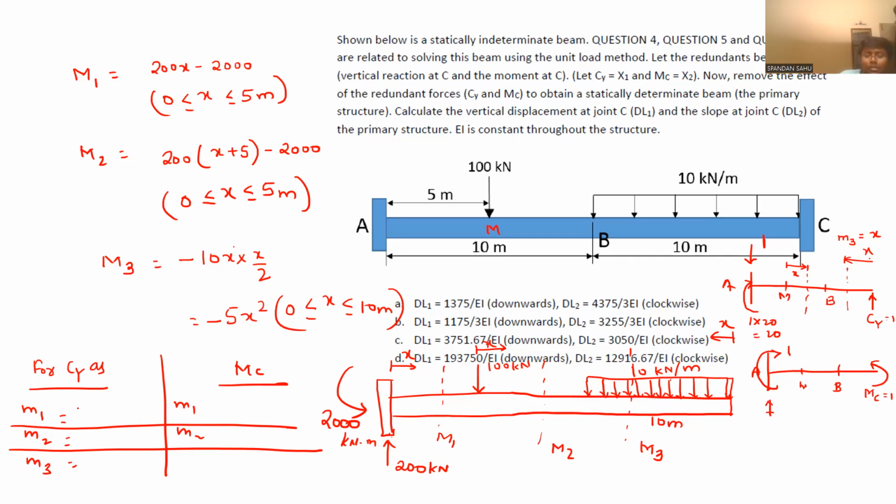Minus 1 into X. Is this correct? X plus 5. M3.